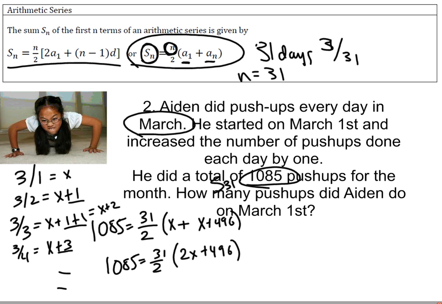So a little solving there. 31 divided by 2, oops, times 2 is 31x plus 768.